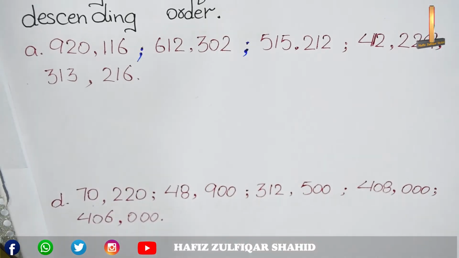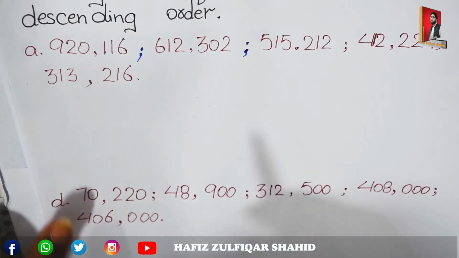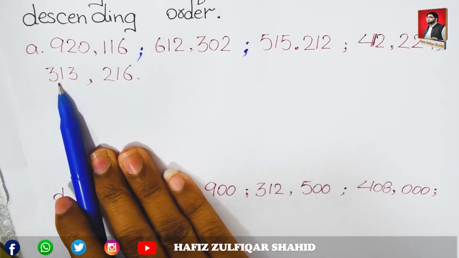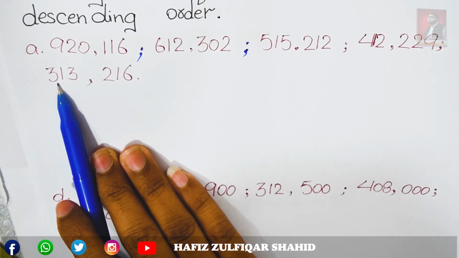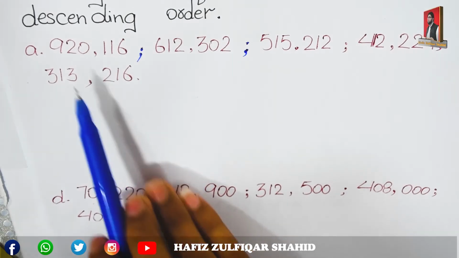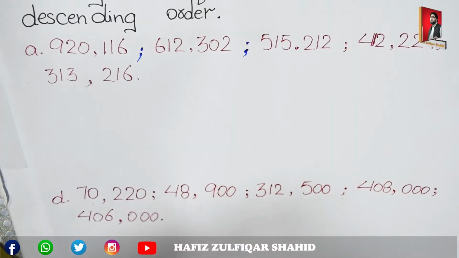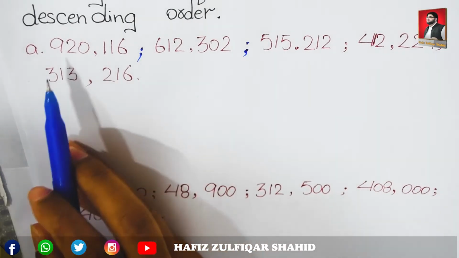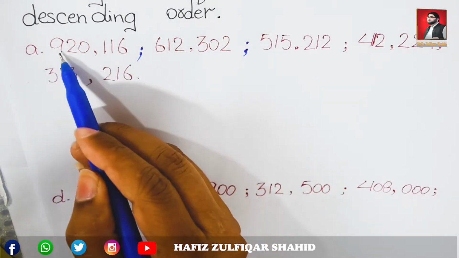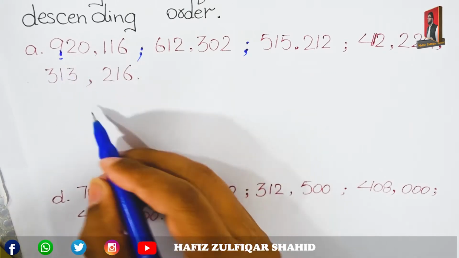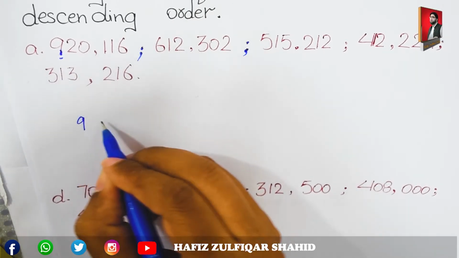Now what we have to do, we have to find out the greatest or the largest value. Compare from the left side, from the largest place value, which number has the largest. You can see the 9 is the largest one. Write it first.